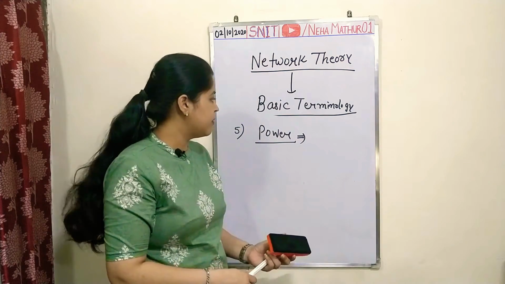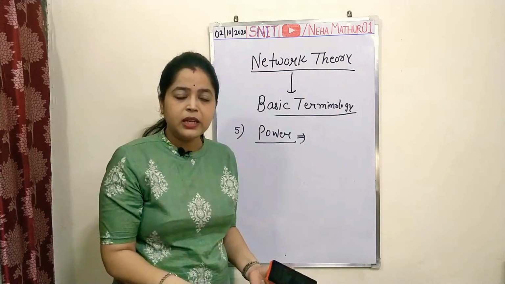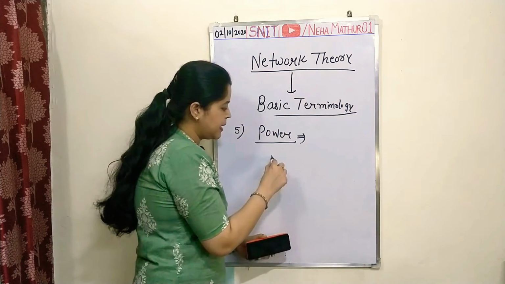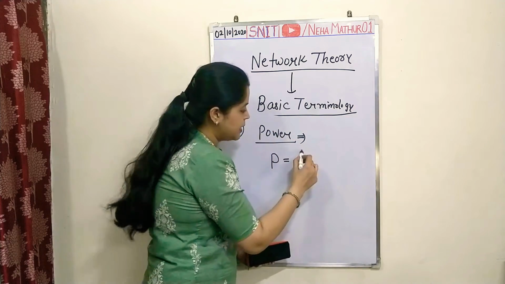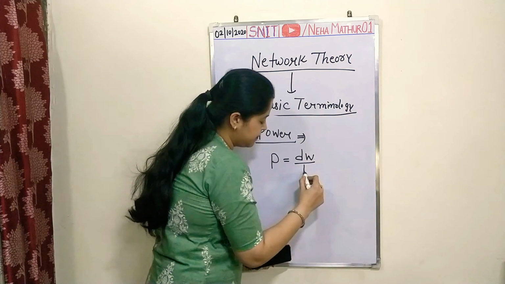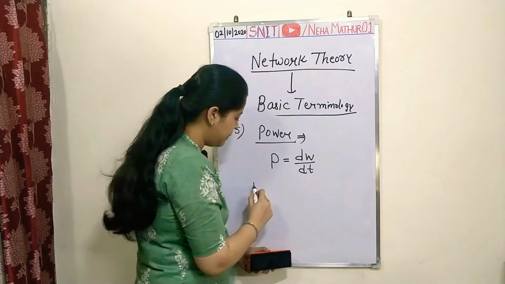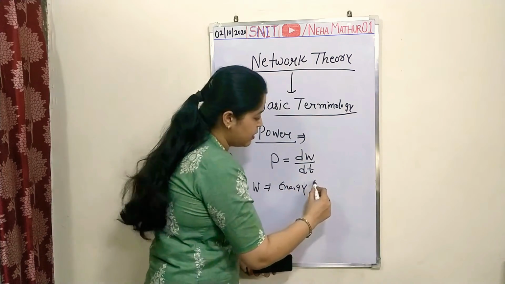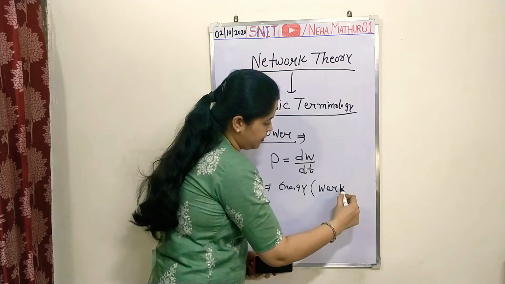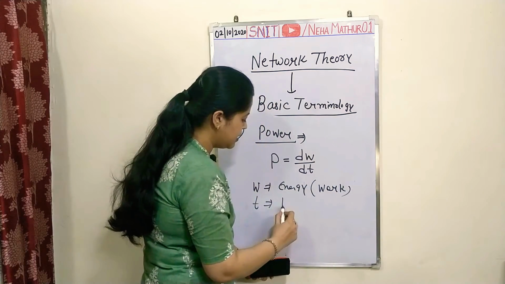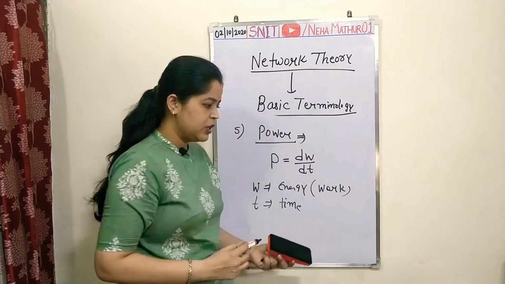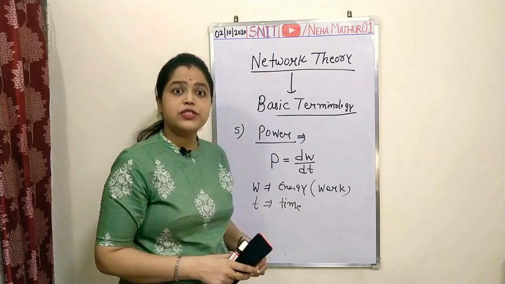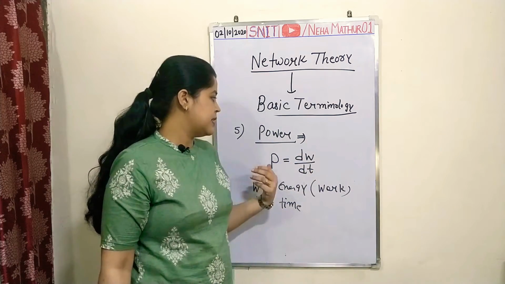So power is simply the rate of flow of energy, represented by capital P, and it is dW by dt. W, I am again repeating, is energy, or I can say work. Similarly, t is time. So power is the time rate of change of energy.